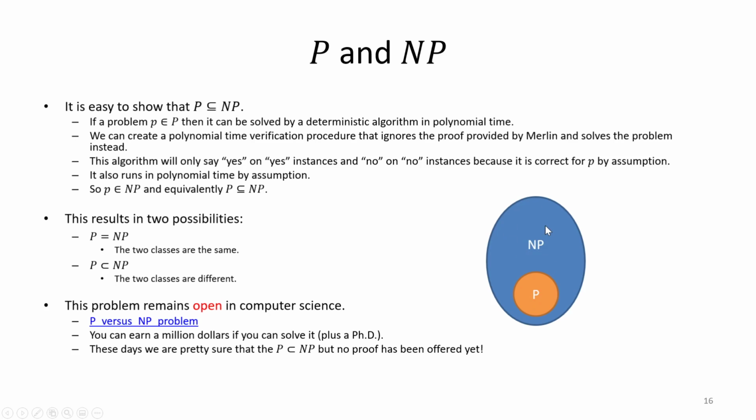Can we find the hardest problem in NP? Assuming there is one, maybe there isn't. We already know there are infinitely many problems in there, so there might not be a hardest one, just like there's not a biggest number. But can we find the hardest problem if there is one? And if there isn't one, can we prove that there is no hardest problem in there?